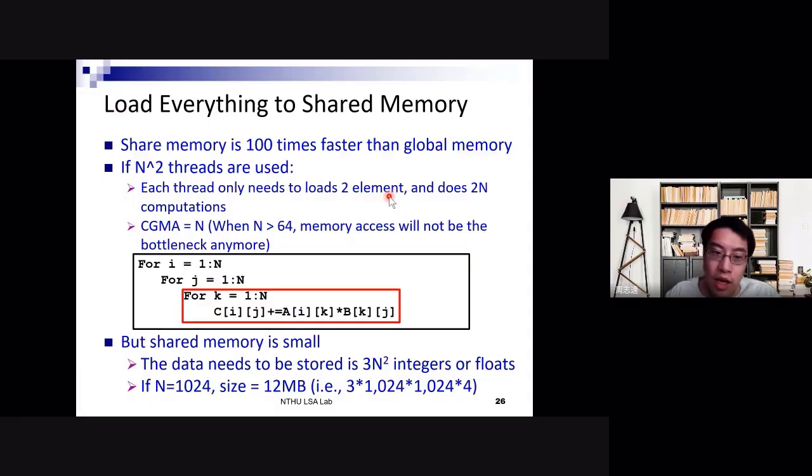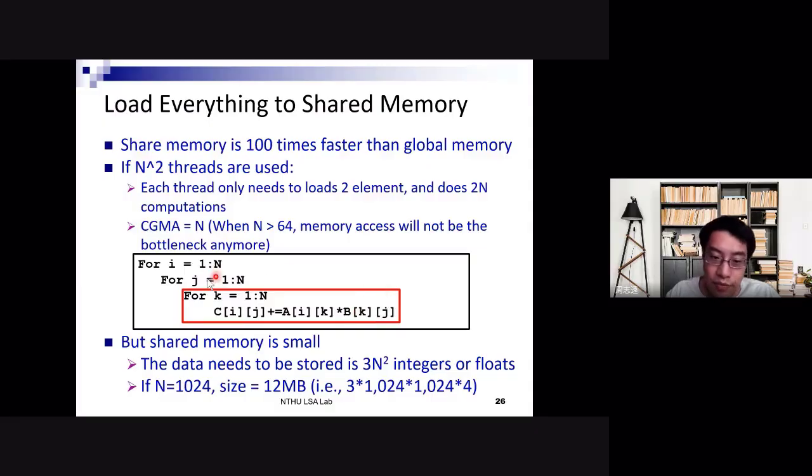But how much computation can be performed by a single thread? If you look at this code, we have n squared threads, but each thread will iterate through n iterations. And the A, B, C over here will be replaced by the address of a shared memory, not the global memory anymore.